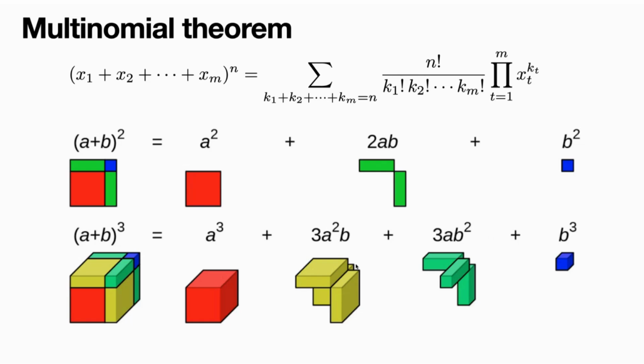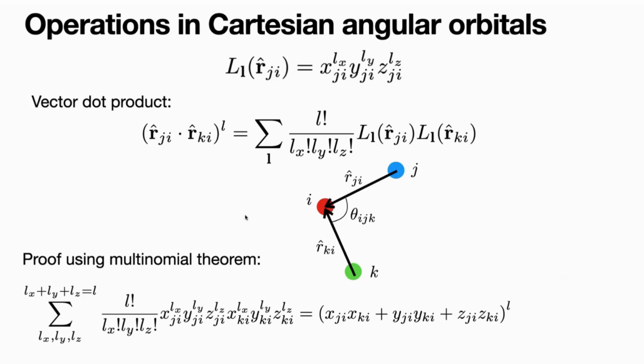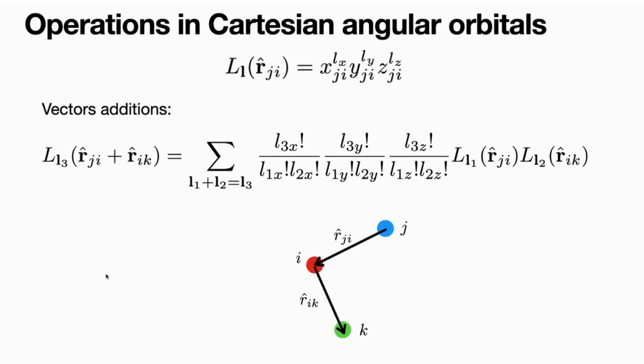Here I just found on Reddit a graphical representation of the multinomial theorem. This really underlies all tensor operations. So for example, you can do a vector dot product, again proven using the multinomial theorem. You can do a vector addition this way, again from the algebraic manipulation of the multinomial theorem.